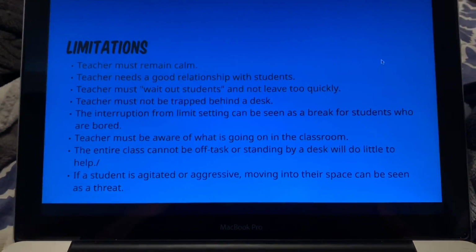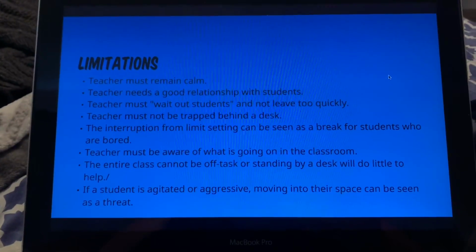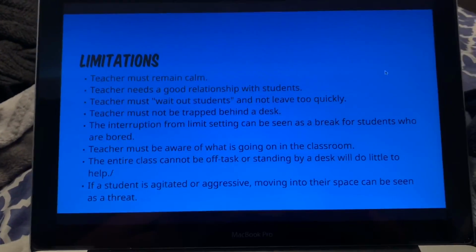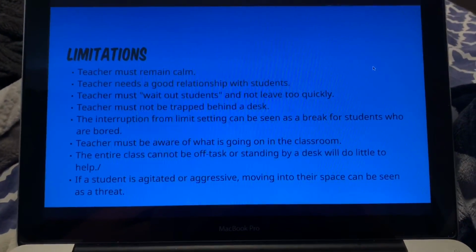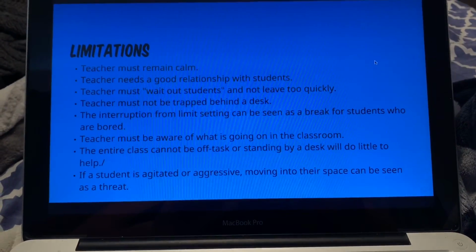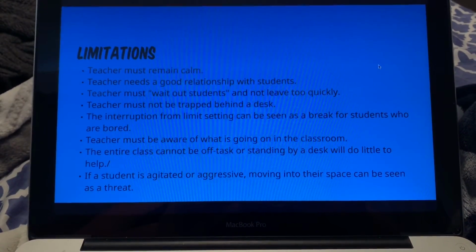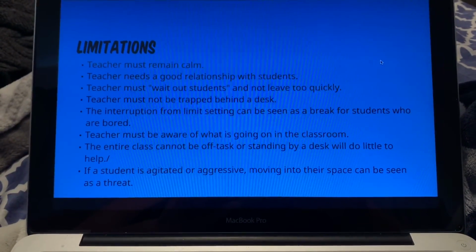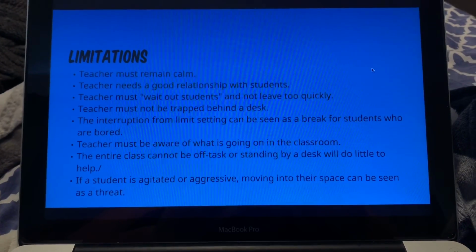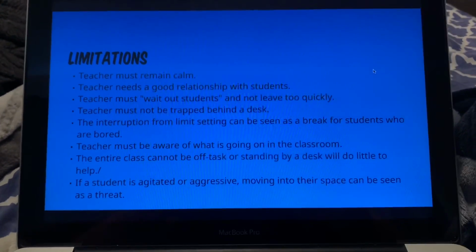So there are some limitations with this as well. The teacher has to remain calm. If the teacher gets upset easily, then the students are just going to do it to push buttons. The teacher needs a good relationship with students. They must wait out their students and not leave too quickly.